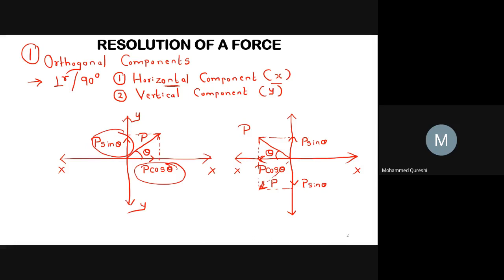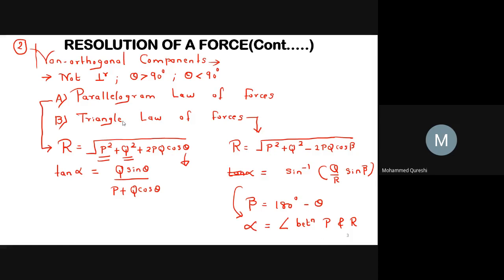Non-orthogonal components are those which are not perpendicular to each other. They make either an obtuse or acute angle. And non-orthogonal components can be calculated using the parallelogram law of forces or the triangle law of forces.